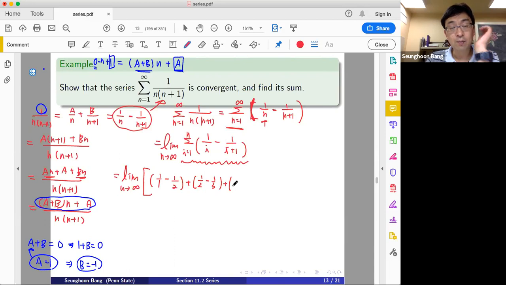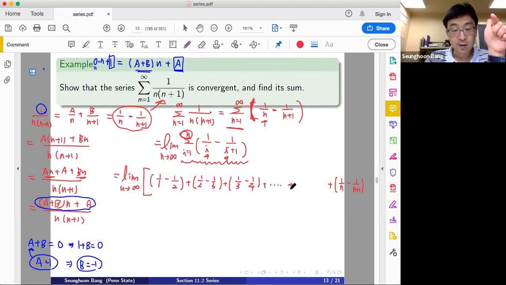The third term, plug 3 into i: 1 over 3 minus 1 over 4. Keep going. The last term is plug n into i, so we have 1 over n minus 1 over n plus 1.